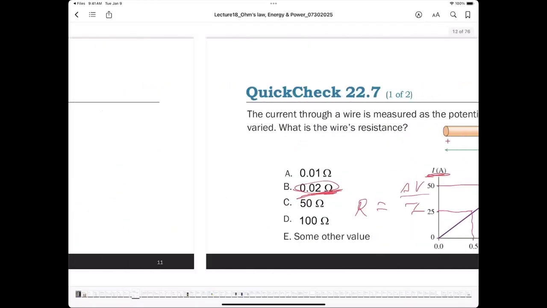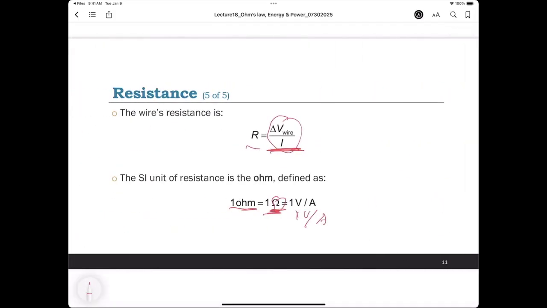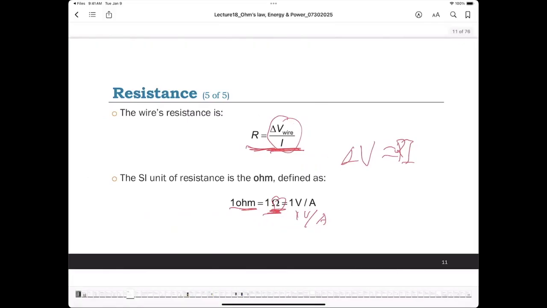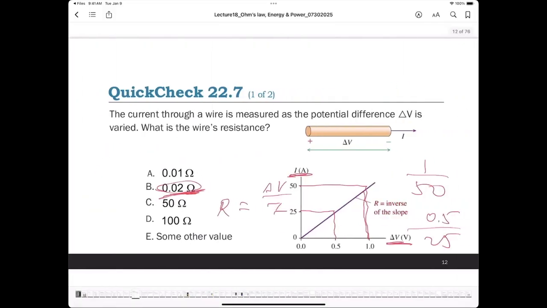Do you know why? Because you can see here, delta V equals I R, which means I should be the x value and V should be the y value. But here it is the opposite, so that's the reason why it is the inverse of the slope. Does that make sense to you?